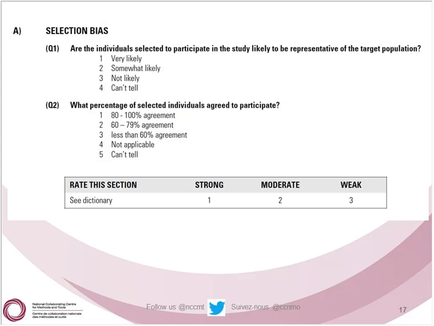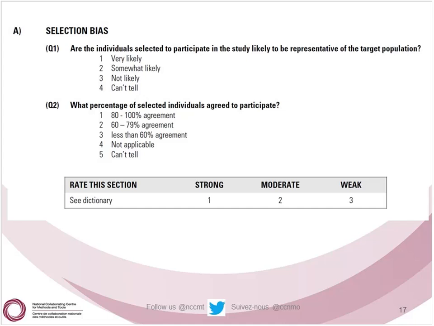And then we also want to know in question 2, what percentage of selected individuals agree to participate? So do we have 80% and above, 60 to 79% agreement, or less than 60% agreement? It's not applicable because it was a type of design that isn't measured.